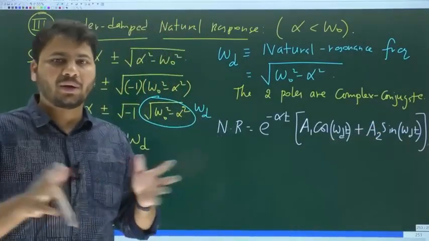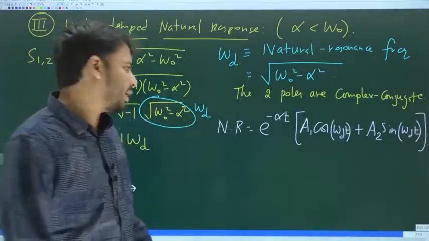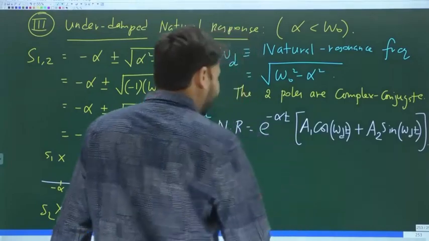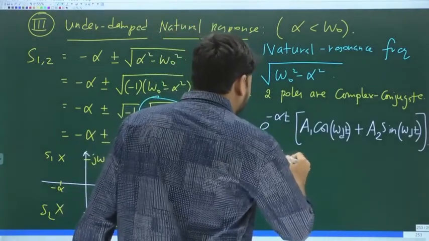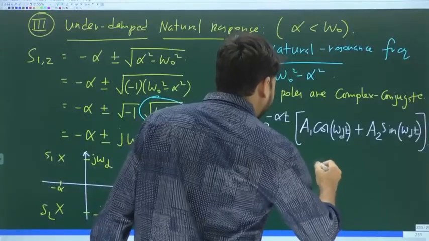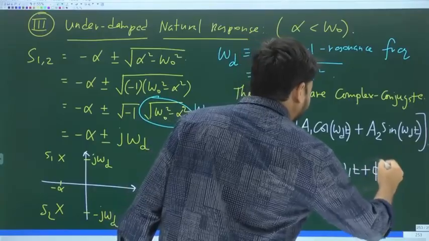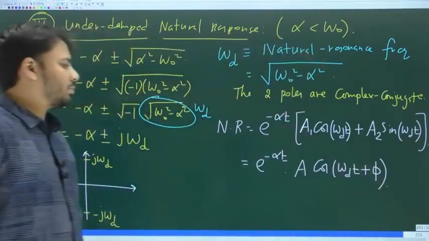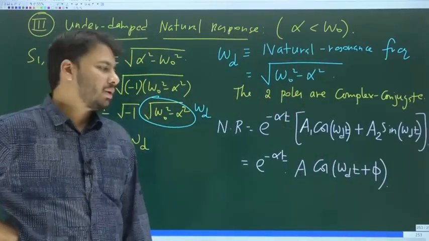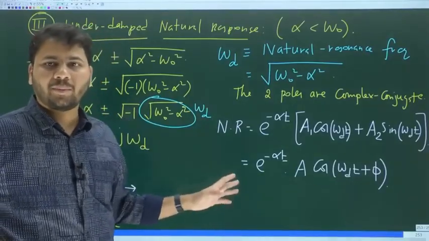Yes, so you can combine both the terms into a single cosine term or single sine term, and write it as e power minus alpha t times some A times cos of omega dt plus phi. You understood?